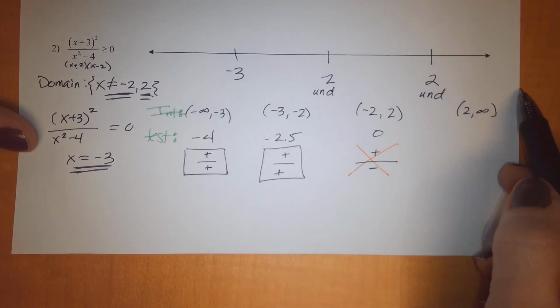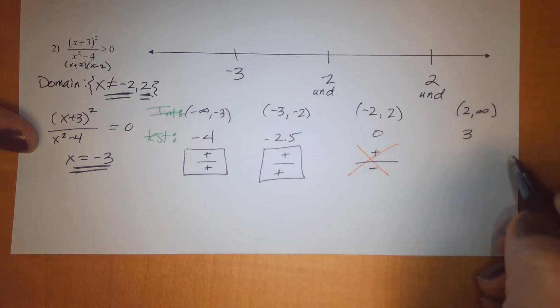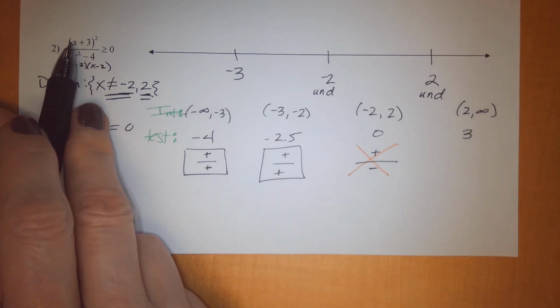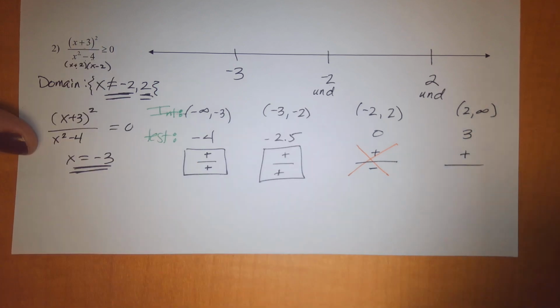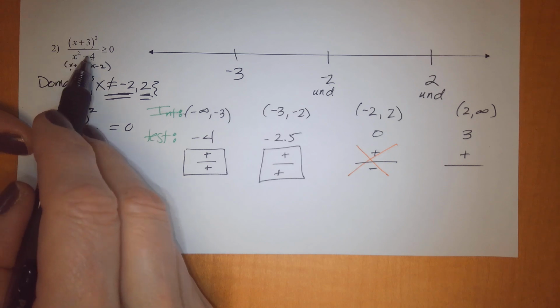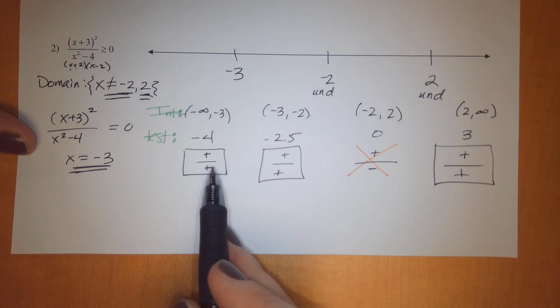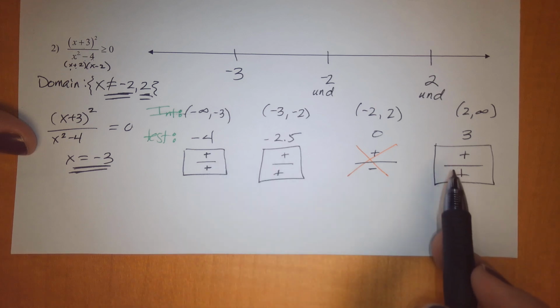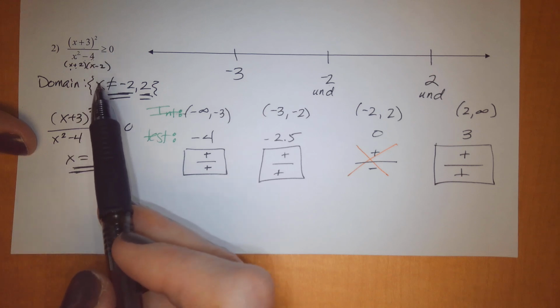One more time, in the last interval from 2 to infinity, let's test the number 3. So when I put 3 in here, I get 3 plus 3, which is 6 squared. That's a positive number. 3 squared is 9. 9 minus 4 is a positive number. So this is a positive result. So this time I have 3 intervals that all give me a positive, or greater than 0, result.